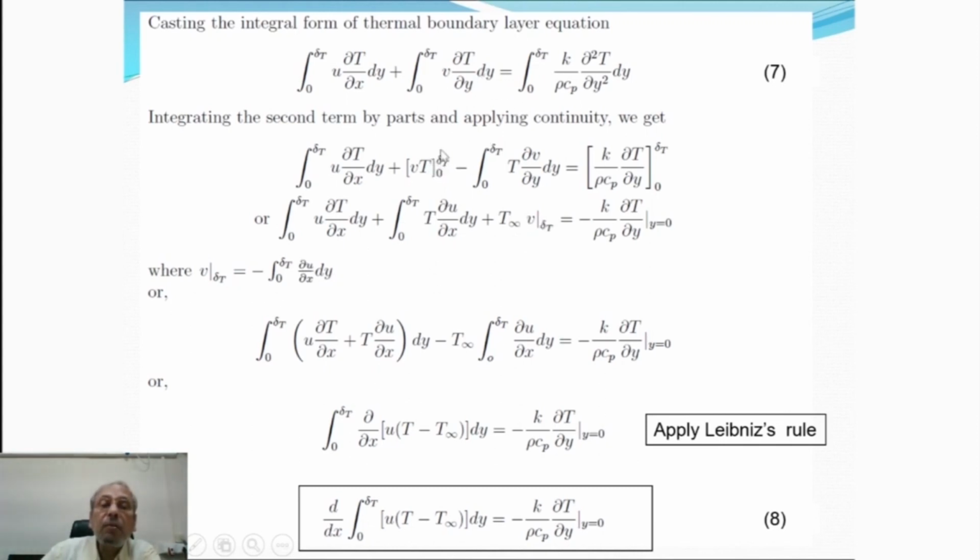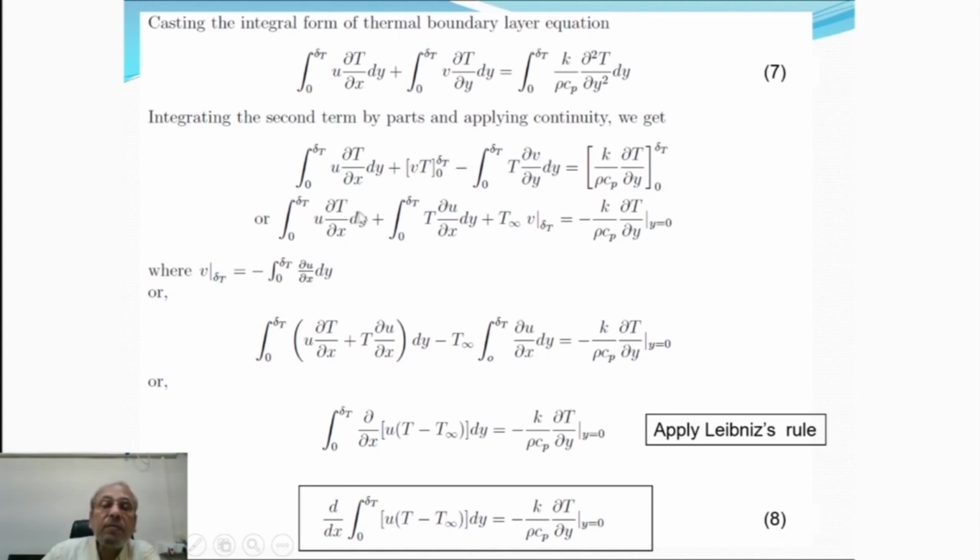Then, when we integrated by parts, we got this term evaluated this way, and the second term, which was basically the derivative of v, integration of this term, and the entire term is again integrated between 0 and delta t. Here we simply substitute del v del y by del u del x.